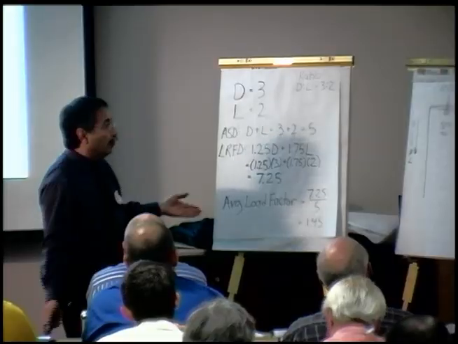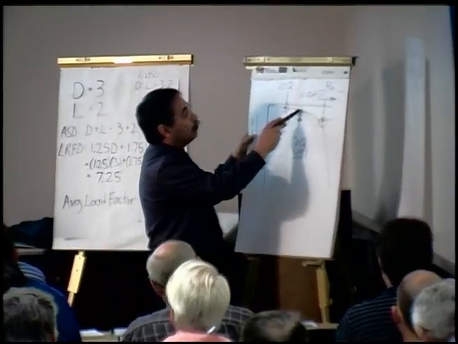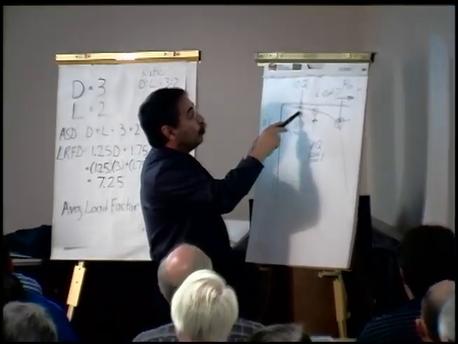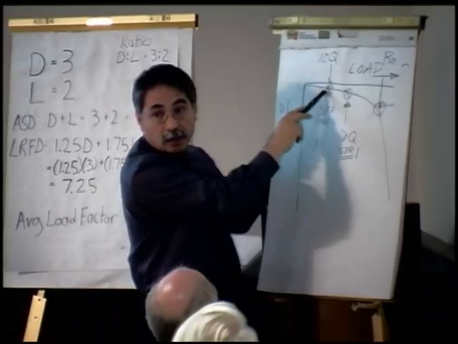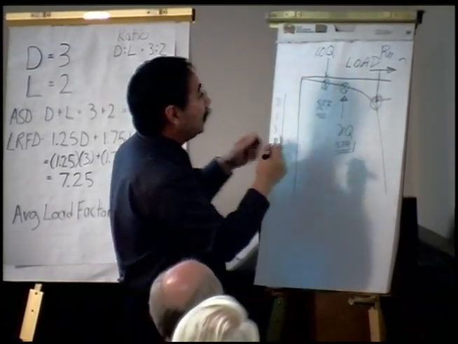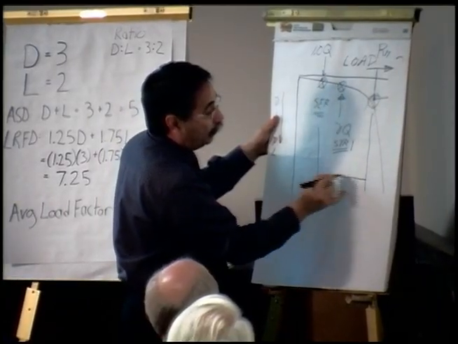It's just generic. All that means is that this strength is approximately 50% more, well, 0.45 more than the service load. That's all it means. The factor of safety gets you between here and here traditionally.